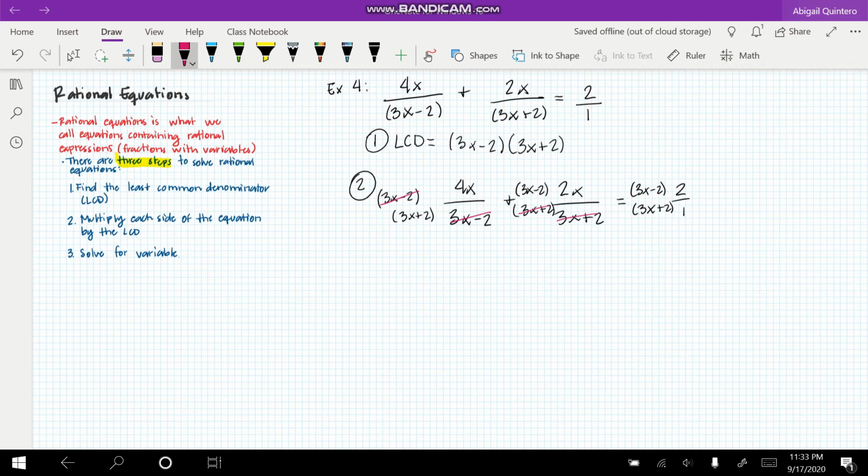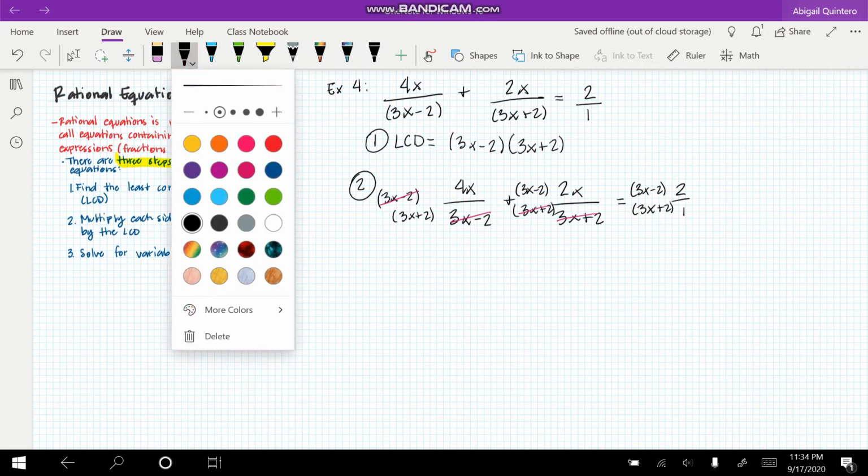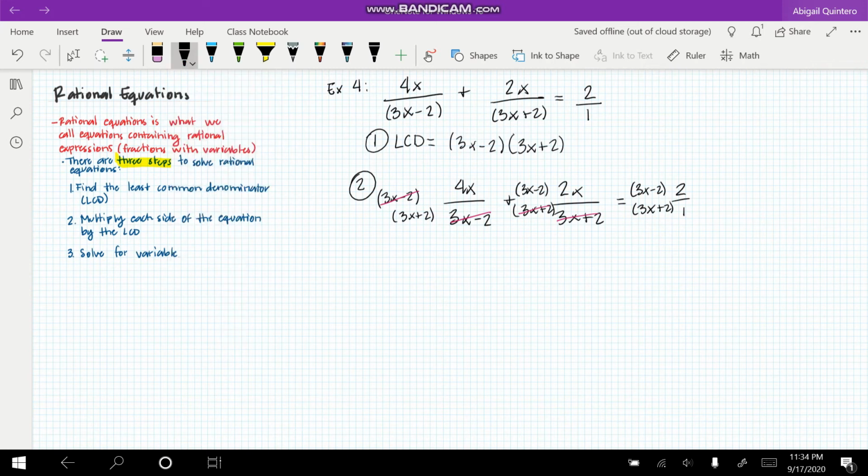So we're going to multiply all of these values, 3x minus 2, 3x plus 2 times 2. And this will be 3x plus 2 times 4x plus 3x minus 2 times 2x equals, and then 3x minus 2, 3x plus 2 times 2.